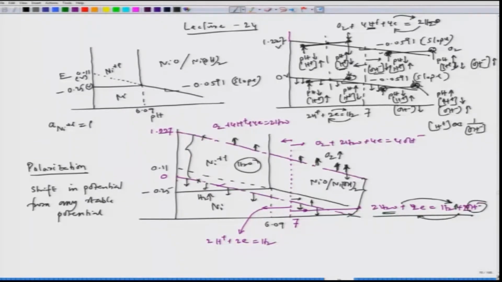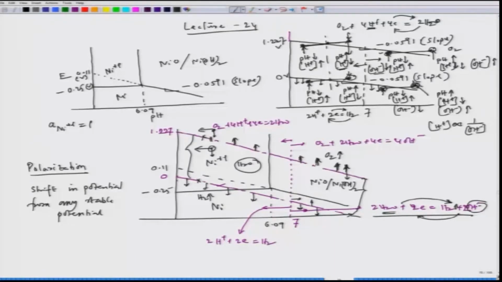Now, I am here and I am here. At this point my potential and pH is this, and at this point it is this. Since I am not changing the pH, I am changing the potential. Once I go from lower to higher potential and cross this particular line, we would get oxygen evolution, and we do get bubbling when we do the experiment during polarization.